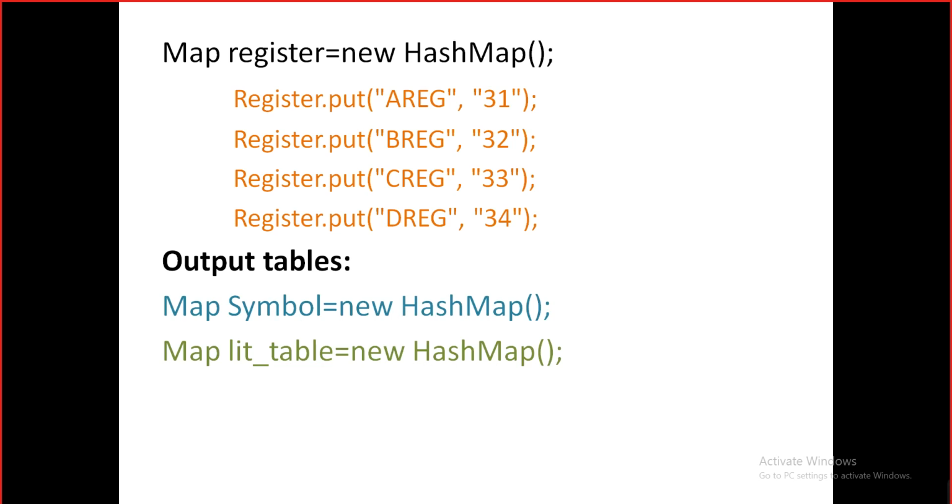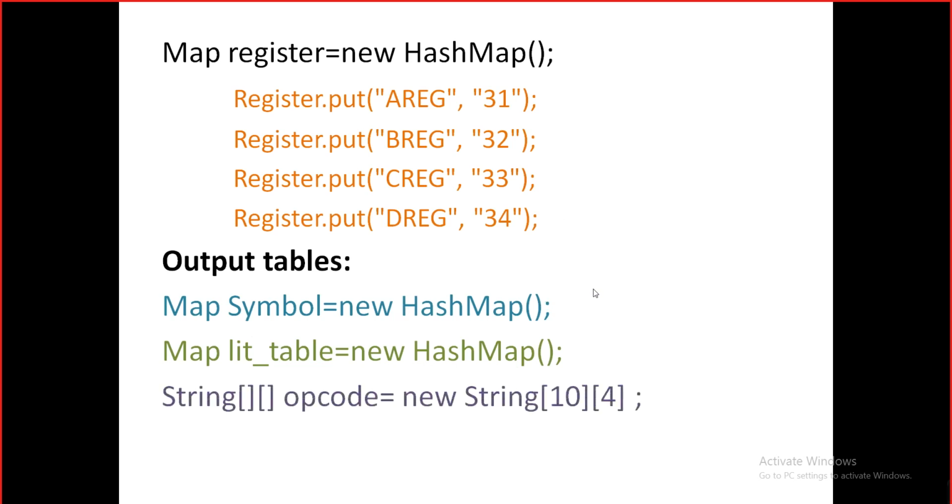So I will prepare the symbol table hash map and the literal table hash map. In the literal table, the literal itself will act as the key, and the corresponding value will be the address of that literal. Similarly, in the symbol table, the symbol will be the key and its corresponding address will be the value. Understood?